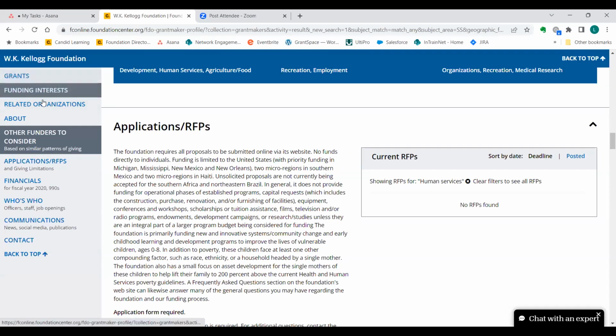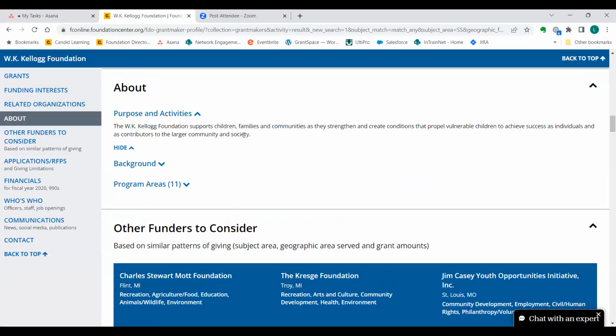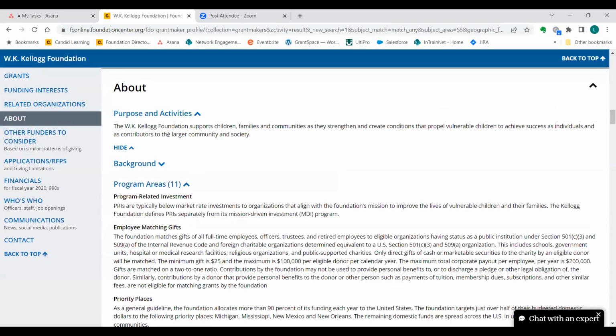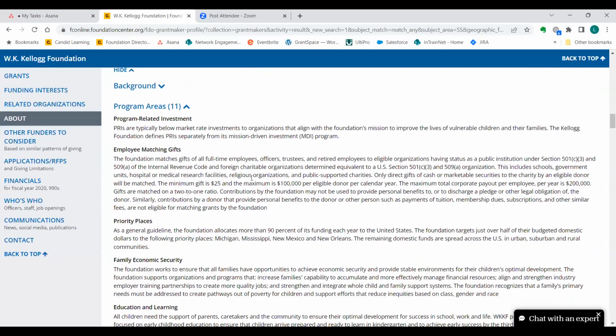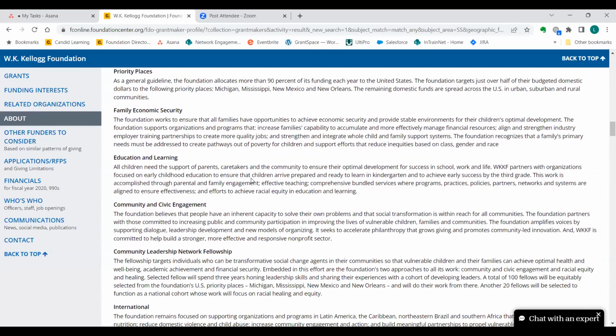The other thing you want to look at in the profile is the about section, because this will also tell you what their main purpose is. Kellogg supports children, family, and communities. That's what they're most interested in. And then these are their program areas.